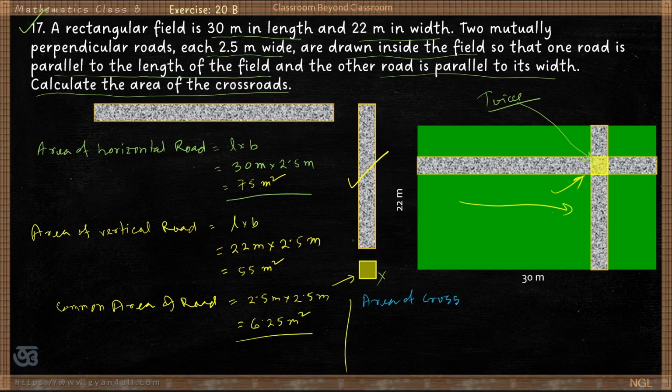Area of crossroad is equal to 75 meters square plus 55 meters square, and this area is counted twice, so we have to deduct it once, that is 6.25 meter square. And if we do this, then you will find it to be 123.75 meters square, area of the crossroad.